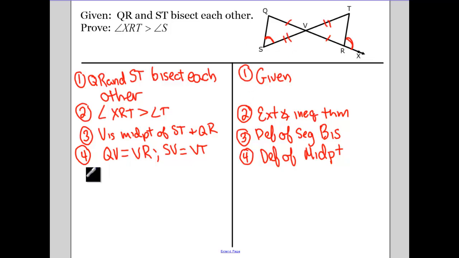All right, now let's put in some angle measures. I have angle 1 and angle 2. Angle 1 is equal to angle 2 because vertical angles are congruent.